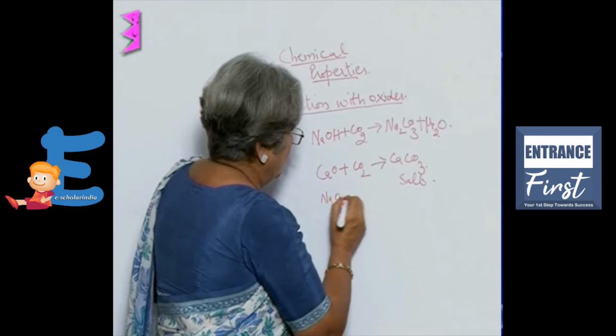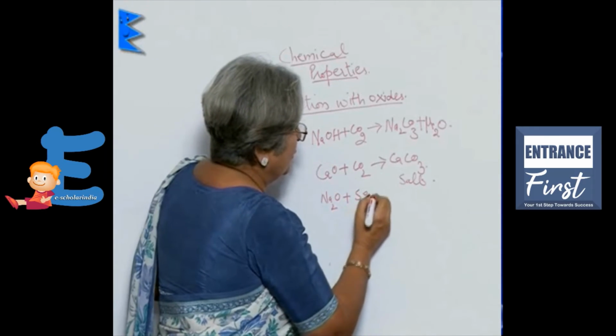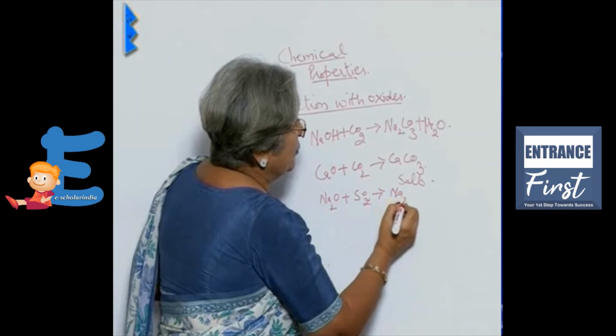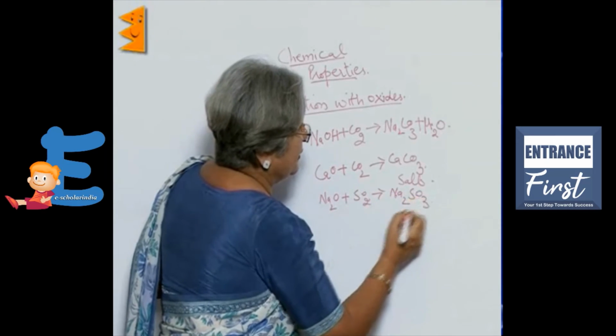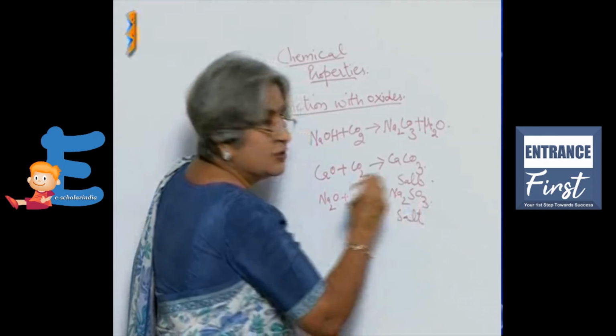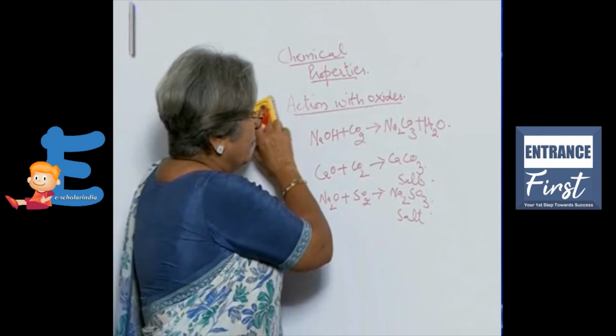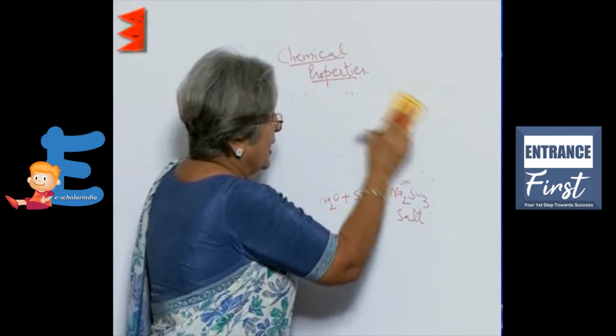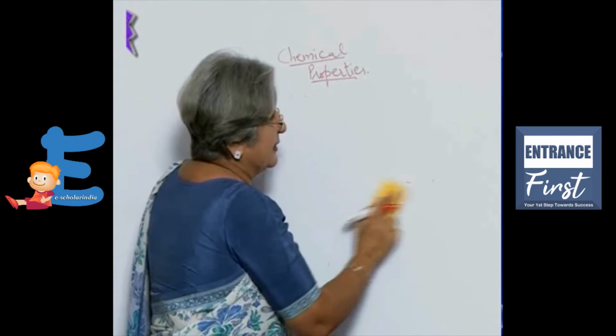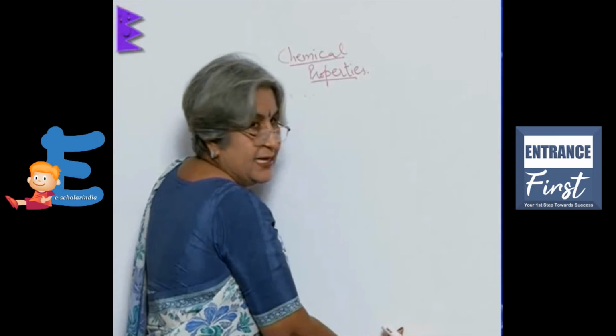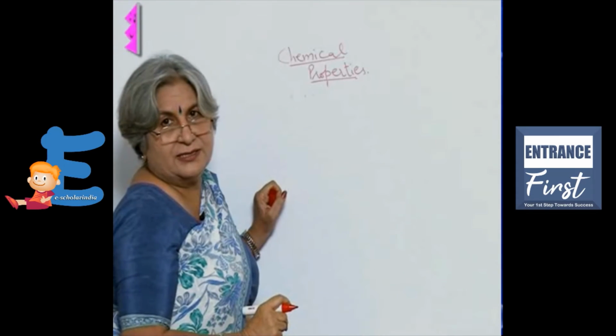Na2O plus SO2 will give you Na2SO3, a salt. So up till now we have understood how acids react with metals, with bases and their oxides.